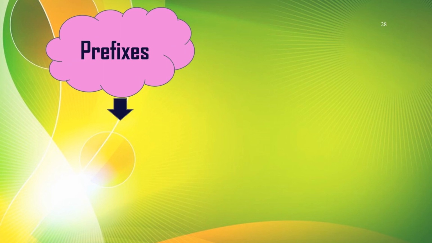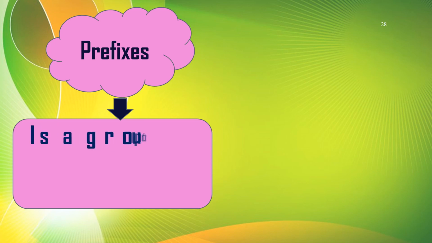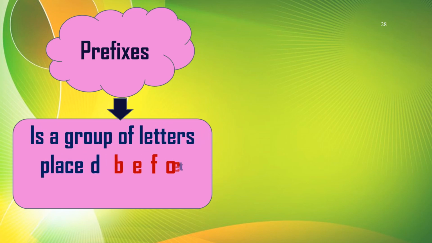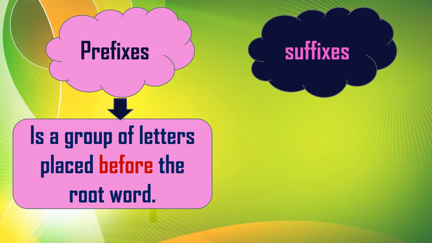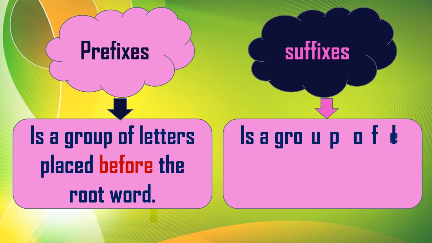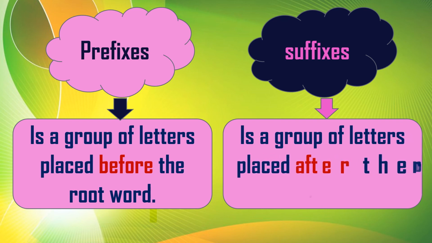Prefix is a group of letters placed before the root word. Look at the red word, before. And now you know what suffixes are. Suffix is a group of letters placed after the root word. Okay, before and after. Remember these two words.